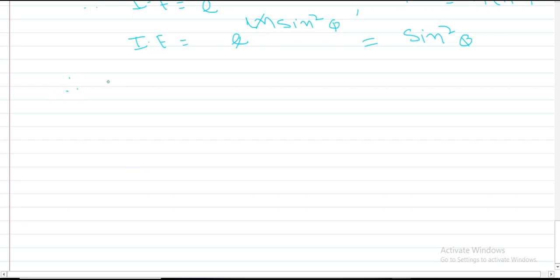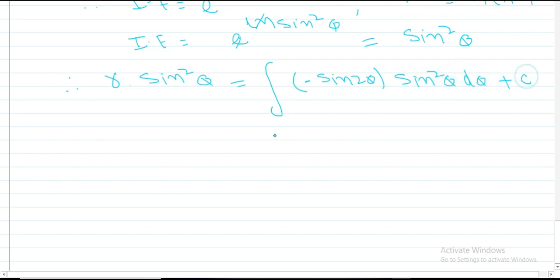Therefore we can write the solution as r into integrating factor, that is sin square theta, equal to integral of q, the value of q is minus sin 2 theta, into integrating factor sin square theta d theta plus c.